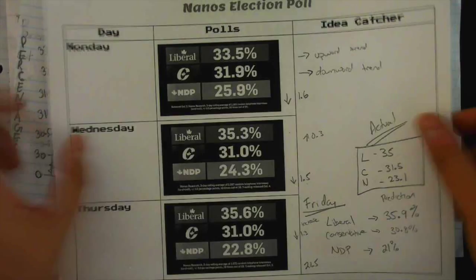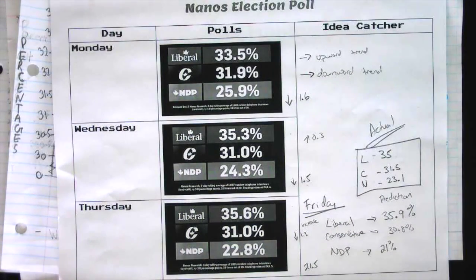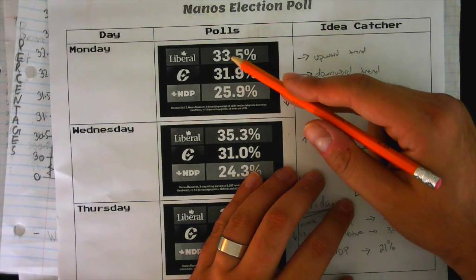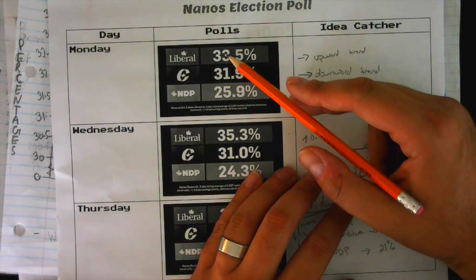Okay, it's hard to see, but it says here it has a plus or minus 3.0 chance of error or something. That means this number could be plus or minus 3.